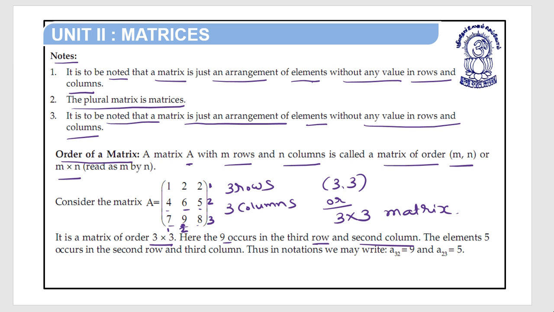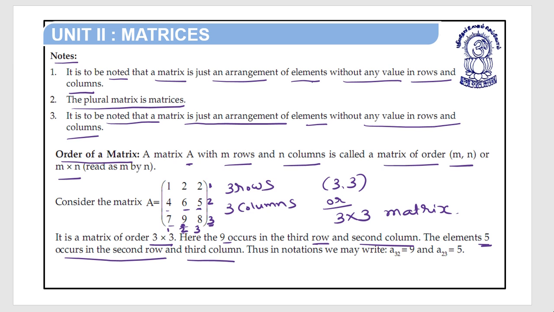First column, second column, third column. So 9 occurs in the third row and second column. The element 5 occurs in the second row and third column.